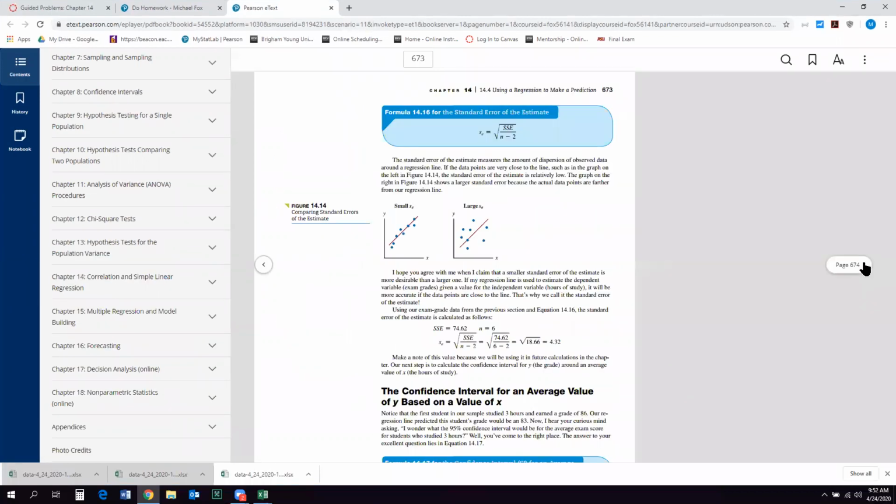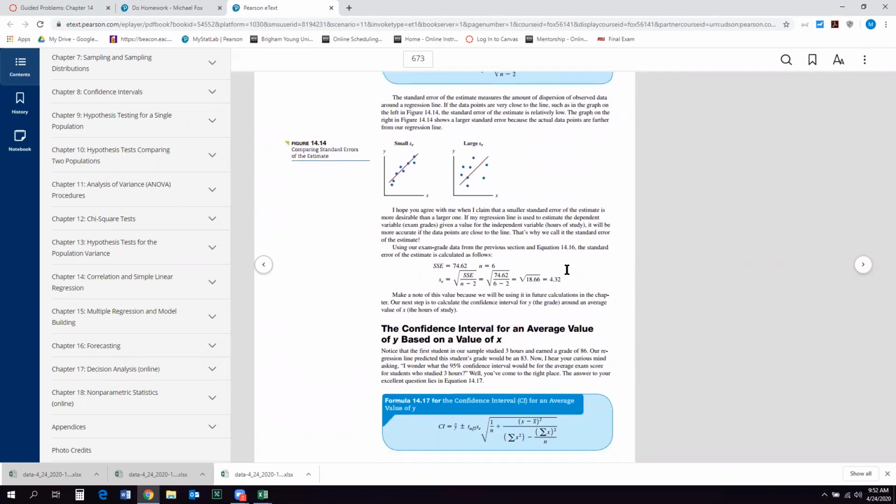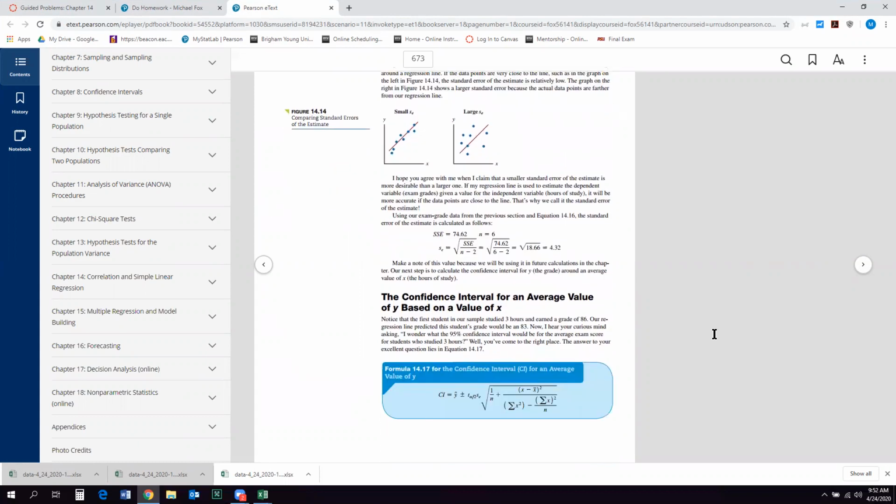Let's see. So there's the standard error of the estimate, but we actually don't need that because I'm going to show you how to get Excel to give us the standard error.